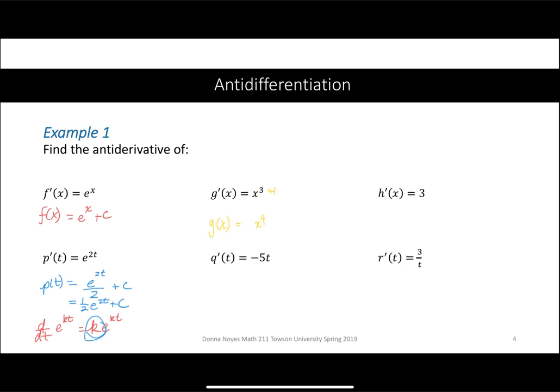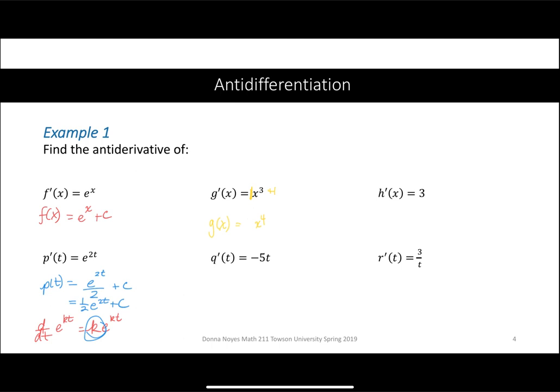fourth. Well, if we left it as just x to the fourth and we took its derivative, that would be 4x cubed. However, we have a 1x cubed, which means when we brought the 4 down, something was there to counteract it.